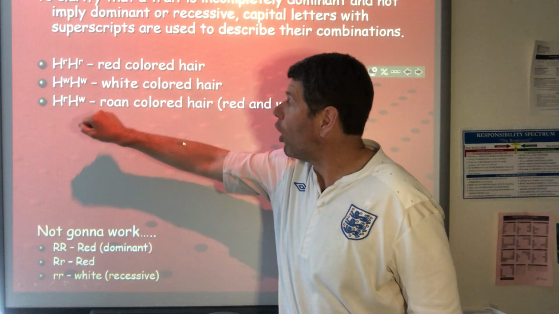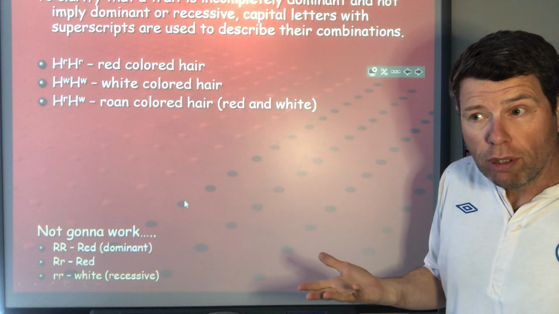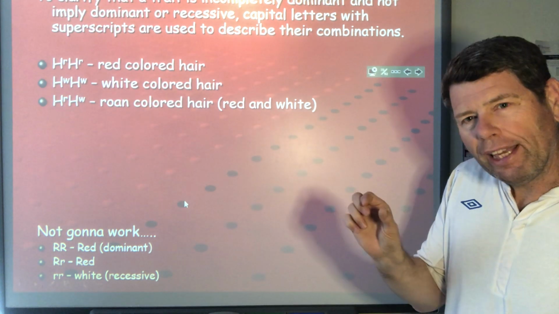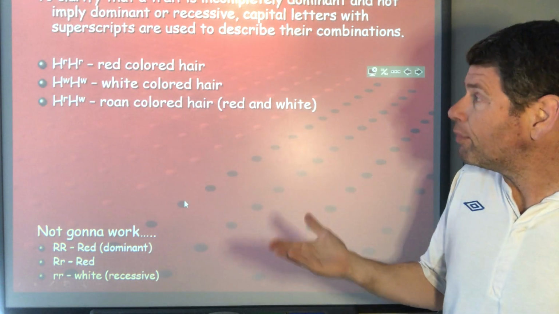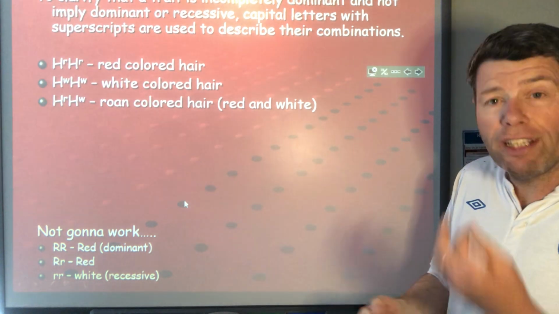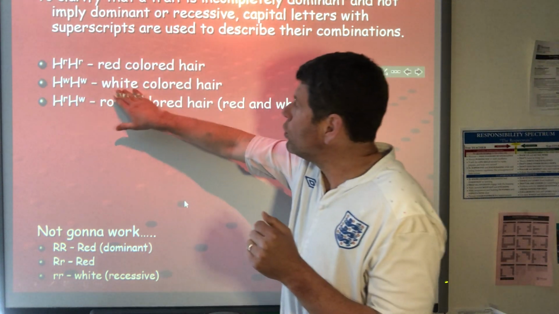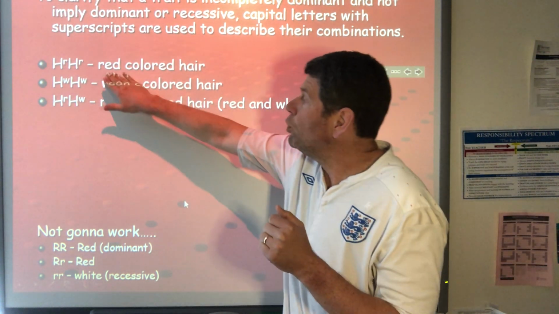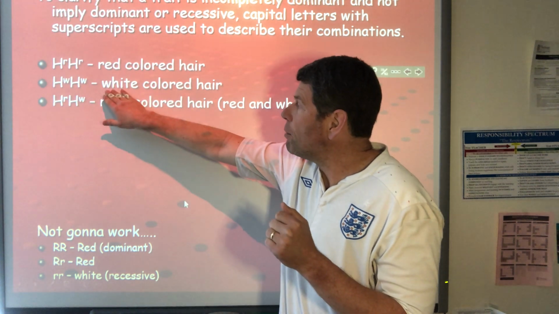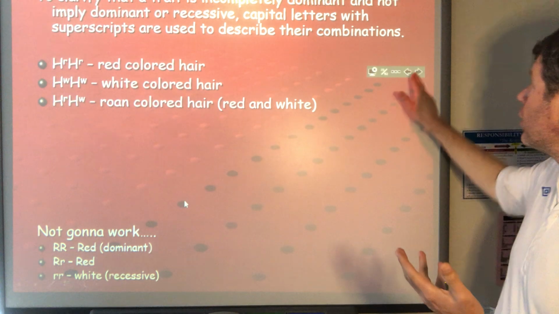Red would be a little r, and white would be a little w. We could make them capitals, but remember, they're equally dominant, so we could use capital R, capital W, or little r, little w. You can see the different genotypes that produce the different phenotypes. Two little r's, red. Two little w's, white. One of each, we get that roan, for codominance.